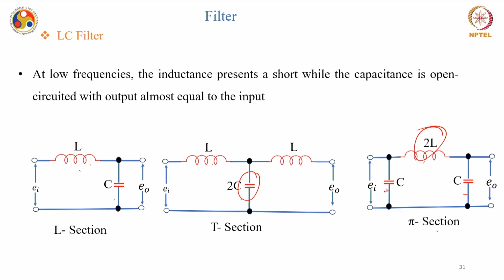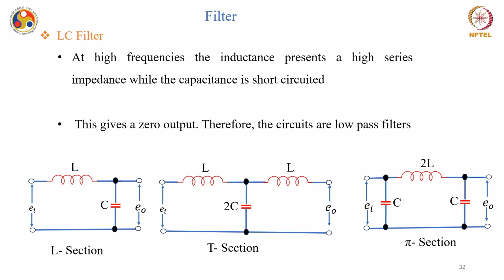At low frequencies the inductance presents a short while the capacitor is open circuited, with the output almost equal to the input. At higher frequencies, the inductance presents a high series impedance while the capacitor is short circuited. And if you do not remember, these things come from XL and XC. XL is 2 pi FL and XC is 1 by 2 pi FC.